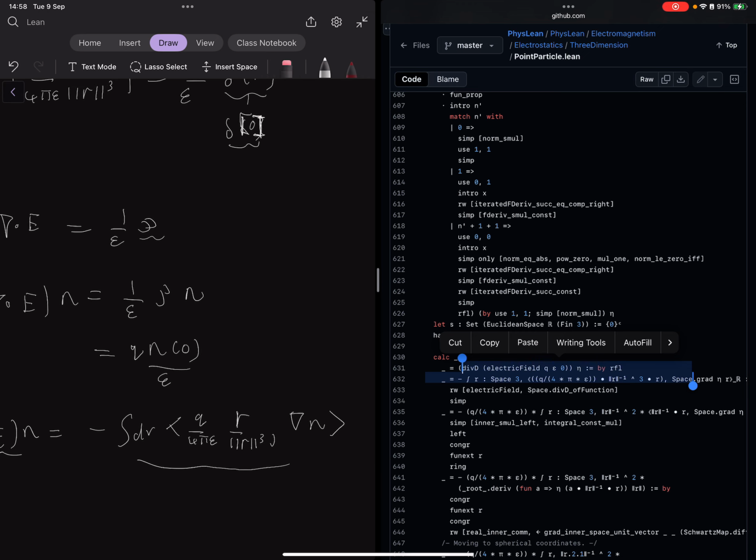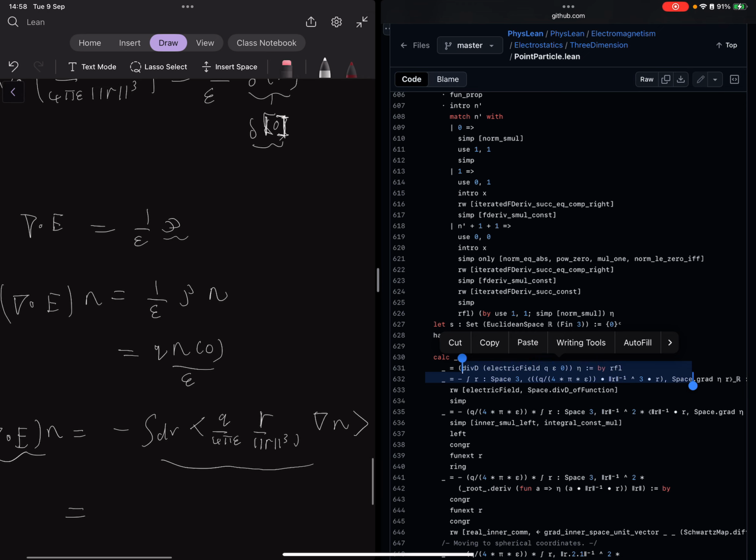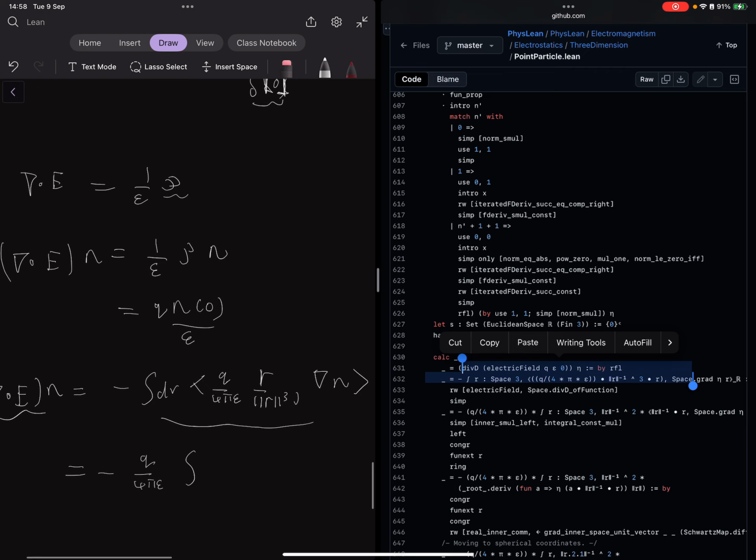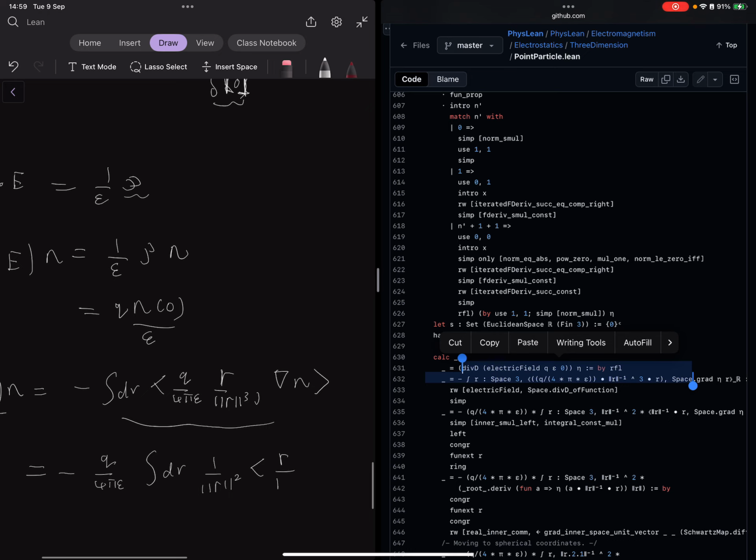So we can then pull some things out of this integral. We can go q over 4 pi epsilon times the integral over r squared times the inner product of this thing here.